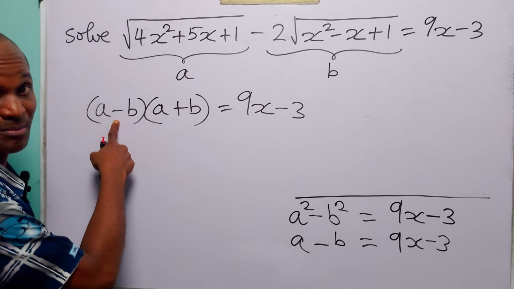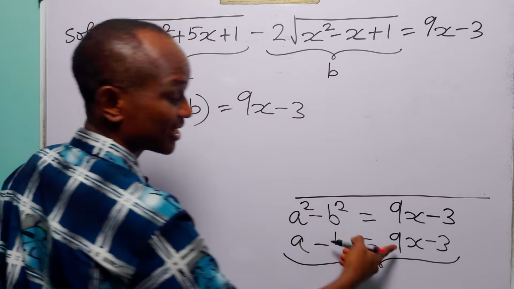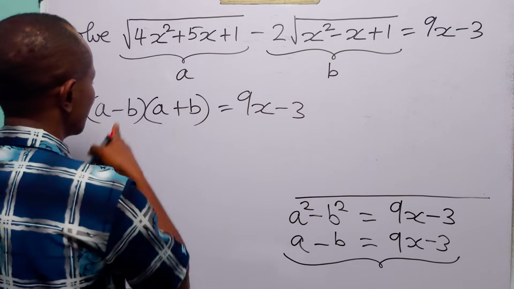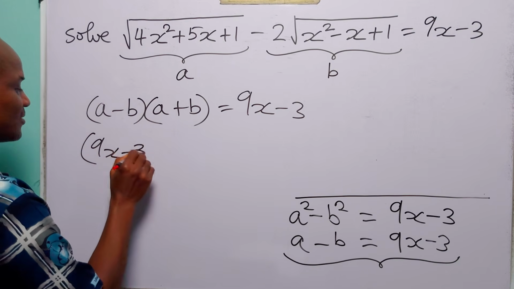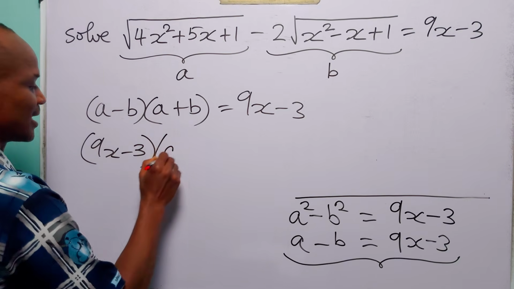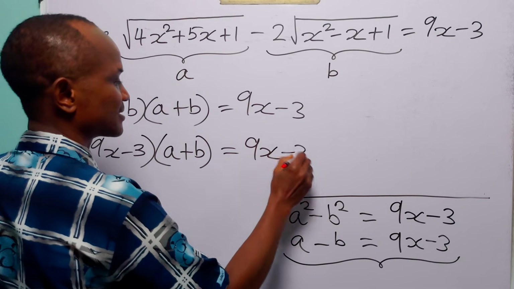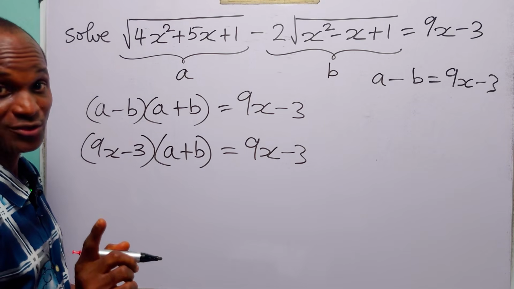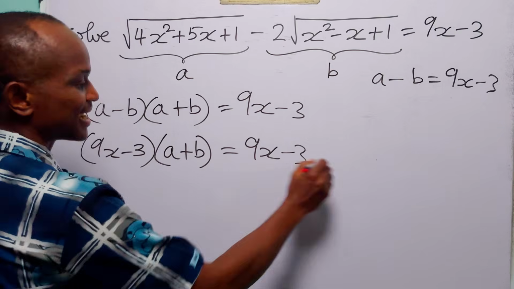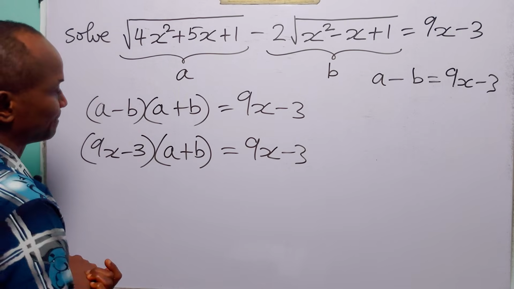But now here we have a minus b, and here we have that a minus b is equal to 9x minus 3. So from here we have that 9x minus 3 multiplied by a plus b is equal to 9x minus 3. Now, a very terrible mistake to make is to divide both sides of this equation by 9x minus 3.